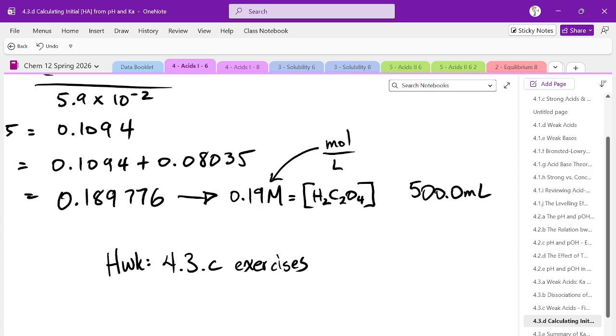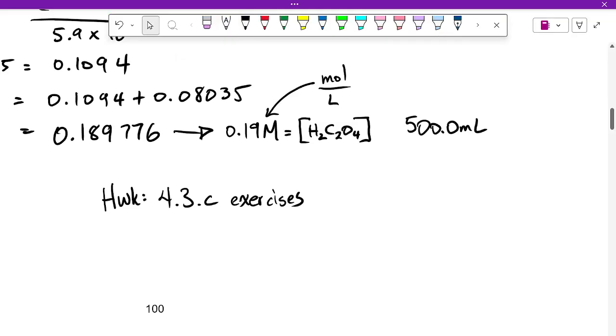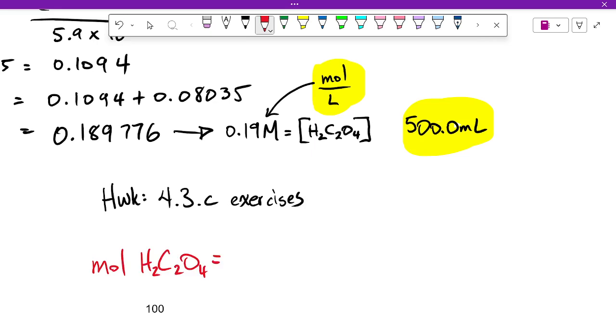How do we find the moles if we know the moles per liter and we know the milliliters? This is just unit cancellation. This here is 0.5000 liters. Yes?